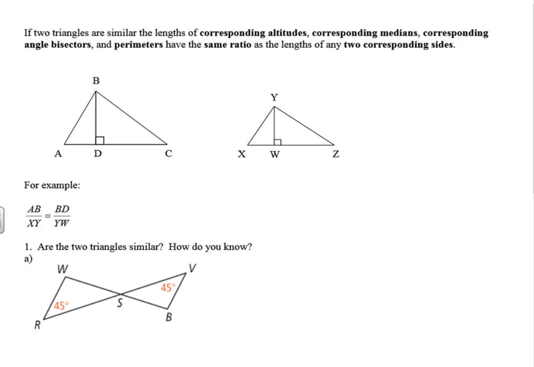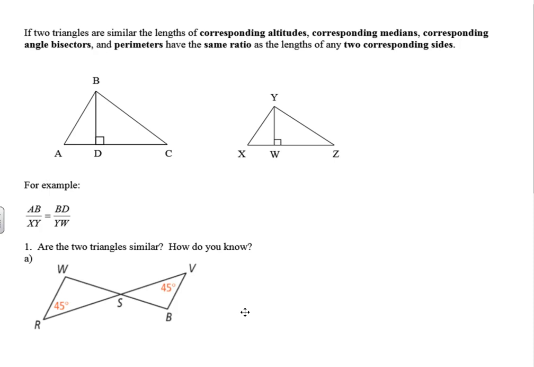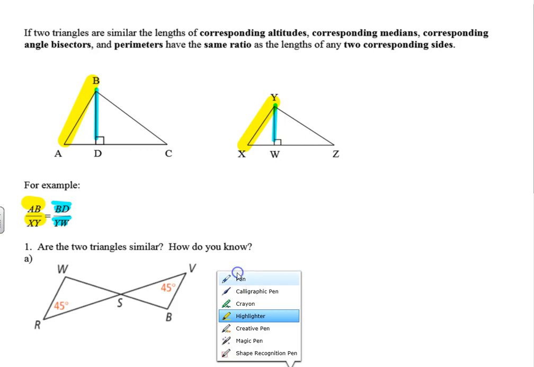If we're looking at this as an example, this particular portion, AB, is going to be similar to XY, those are the corresponding, and then BD is going to be similar to YW, meaning they're in the same ratio.